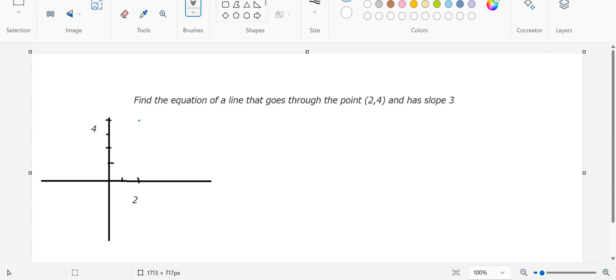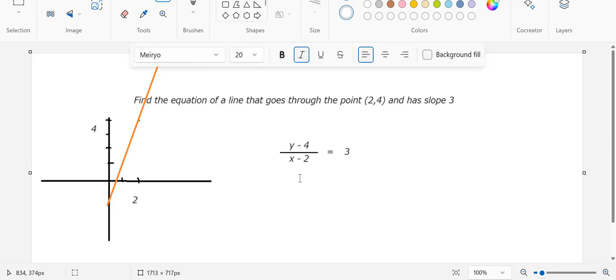So find the equation of this line, for example. Goes through (2, 4) and has a slope of 3. So one way to do this is just to write (y minus 4) over (x minus 2) equals 3, because that tells you that the change in y over the change in x should be 3, and then you can solve for y, and you get a more standard form of the equation, but this is good enough, actually.